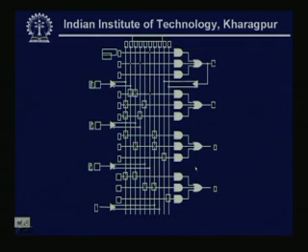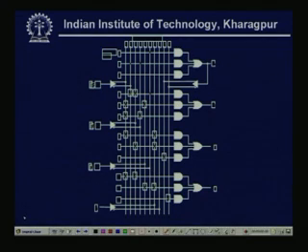So, this is the structure I have drawn, and see, this is the A complement, B complement, C complement, D complement, and F1 complement.